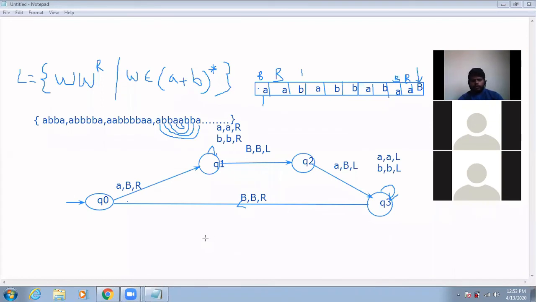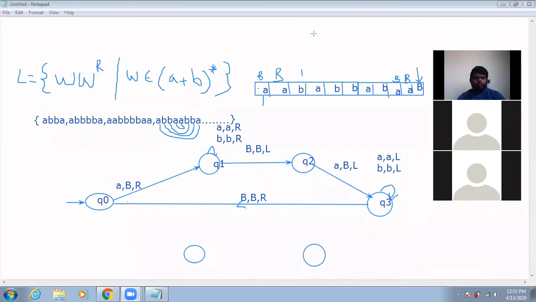So same transitions like here there is A, here one more state, and here also one more state, because for this B, we have processed A here and you make this A a blank. Similarly you have to come to the B. So what is the B here?